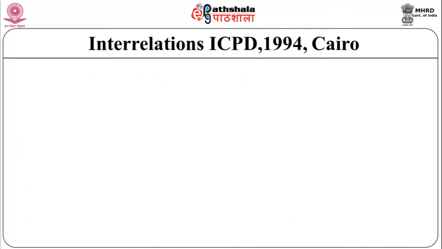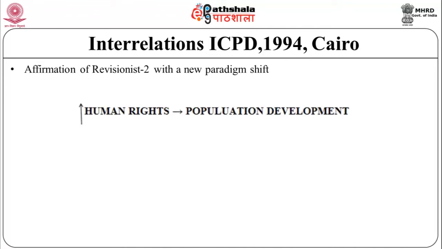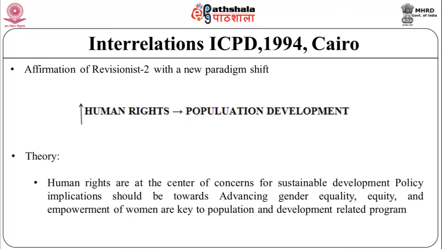Now let us see the interrelations. ICPD 1994, Cairo: affirmation of Revisionist 2 with a new paradigm shift. Now let us see human rights and development. The theory: human rights are at the center of concern for sustainable development.